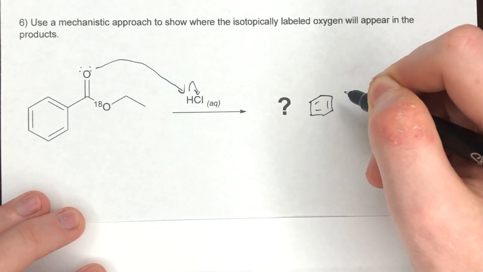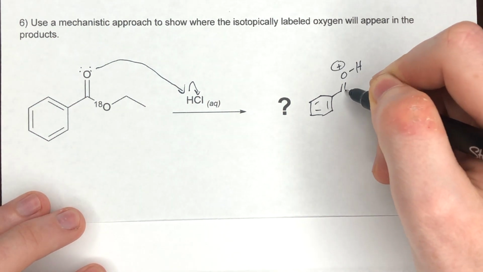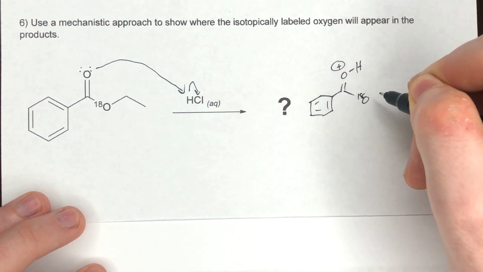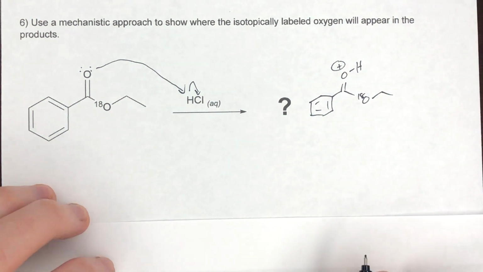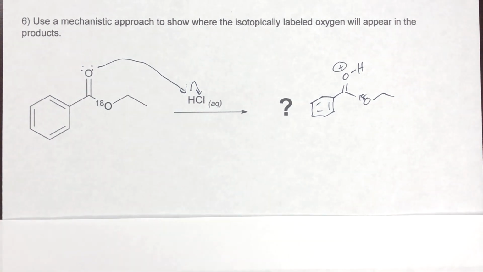And what this does is increase the electrophilicity of the carbonyl. So now that carbonyl, especially in the case of an ester, is much more activated towards a reaction with a less good nucleophile, or a less strong nucleophile like water, which is the only nucleophile that we have present in this molecule.